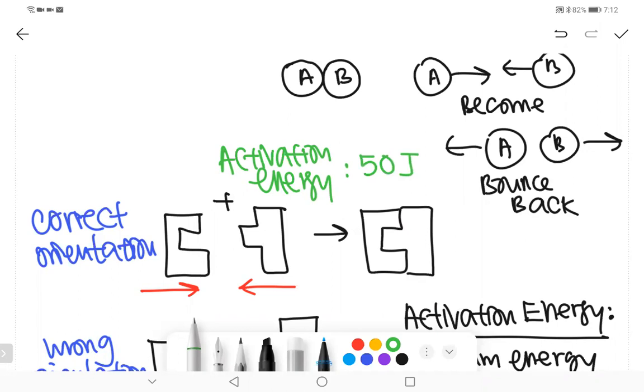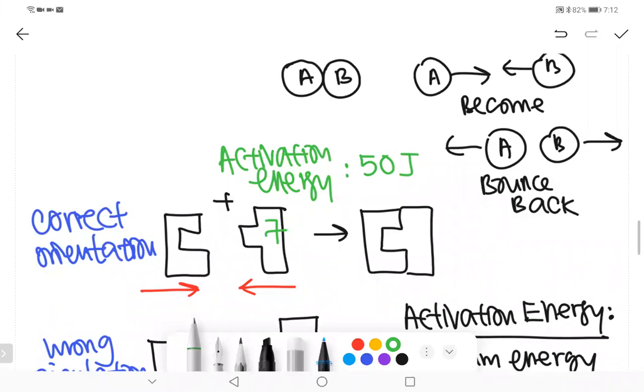So if these two particles collide, they get 49.9 joule. They cannot react because energy is not enough. If they get exactly 50, okay, they can react. If they get 74, which is more than 50, yes, they can react.